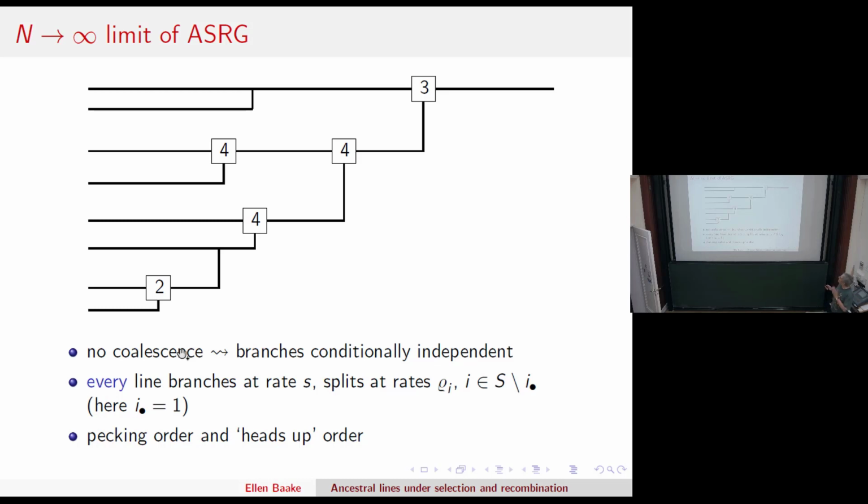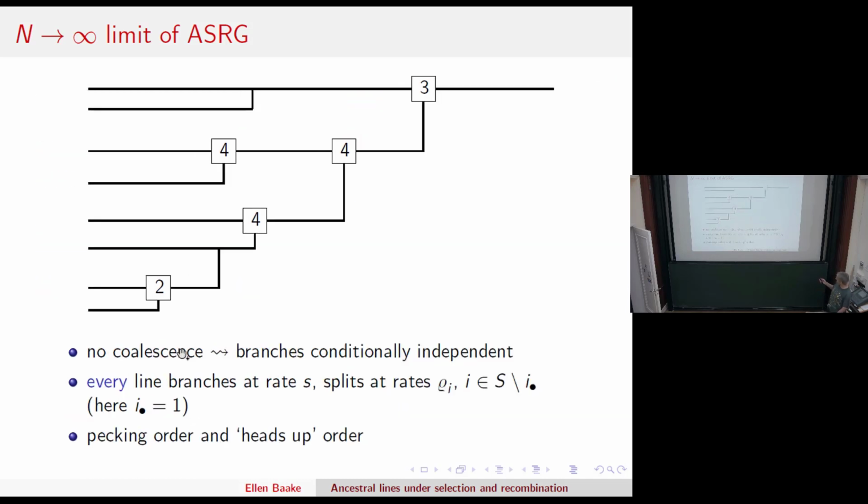We also leave out the star-shaped arrowhead because we don't need it anymore. And every line splits at rate rho_i for every site i, and when that happens we put the head on top and the tail below. So this is all that makes this graph.